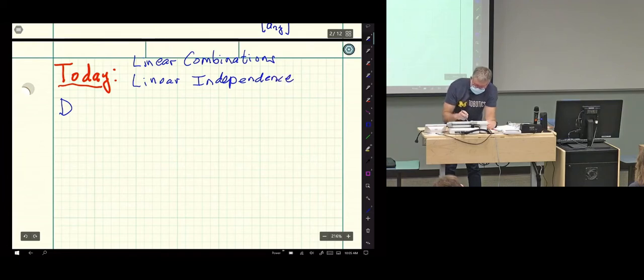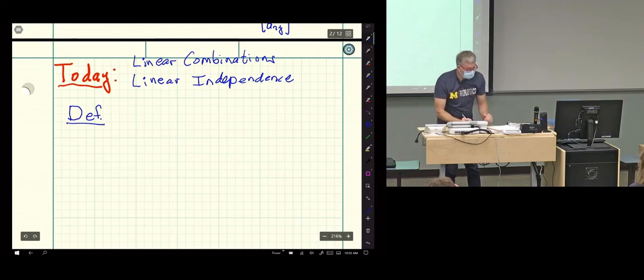It's a pretty powerful vocabulary that will help us and you in the discussion of properties of linear equations. So a first definition then, which will be linear combinations.